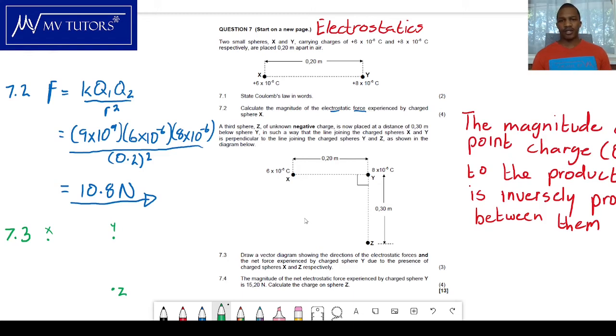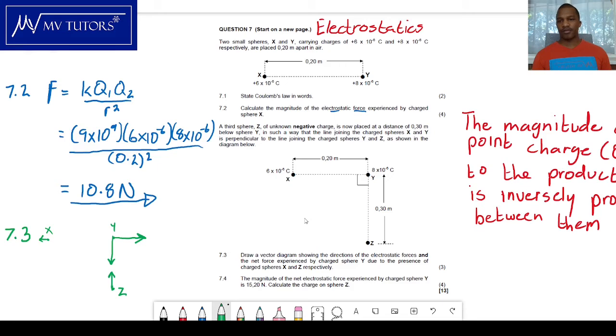This one is positive and that one's positive, so there's a force of repulsion, so they repel each other there, like that, right? So they repel each other. And then they told us Z is actually negative, which means they attract each other, like that, right? There's a force of attraction now.